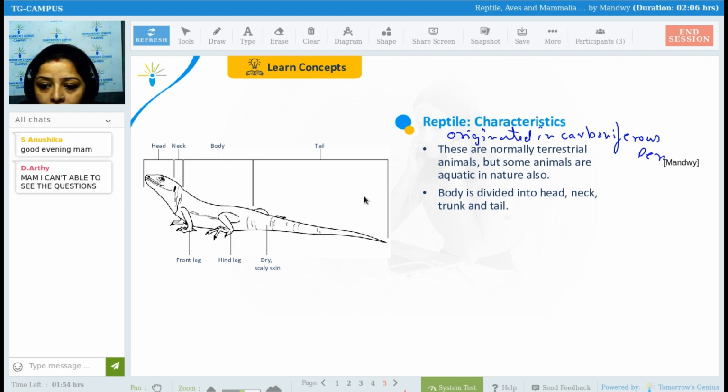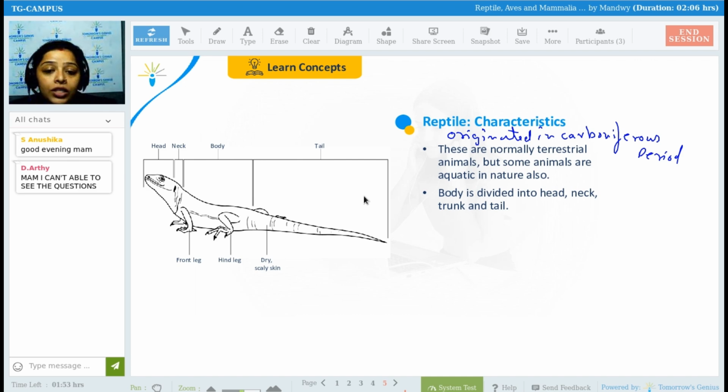This Carboniferous period is known as the golden age of reptiles, because it was in this period that reptiles originated.